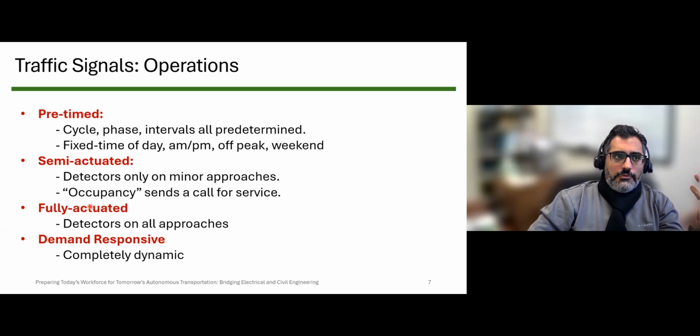Let's think of two streets with three lanes in each direction intersecting each other. Huge volumes, high speeds. It would be impossible to have no detection in place, or just semi-actuated, because these two are in the same class. So we have detections on all different parts. And then demand responsive, that is looking into the entire network, providing the most optimum solution for the network.